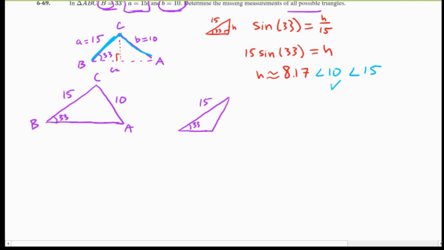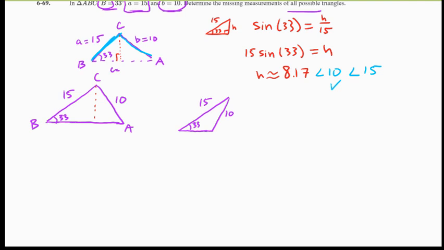What you should notice is that this side length that's 10, this B, is either on one side of the height or the other. So our height is here or our height is here. It's kind of swinging back and forth. So I have my 2 possible triangles. Now I just need to solve for the missing pieces.